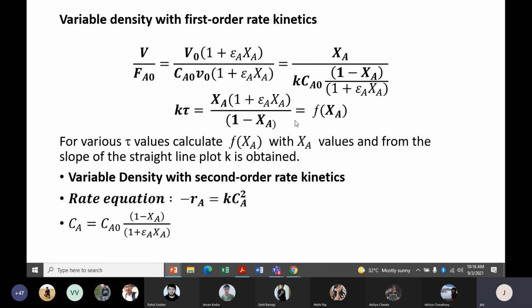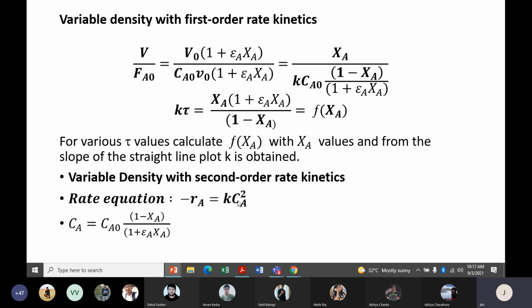If we assume this is another function of conversion, Fxa, and if the data for CSTR is available in terms of tau as a function of conversion, then evaluate this function and plot it against tau, you will get a straight line, and from the straight line you can find the rate constant. So this is the application of mole balance for finding the rate constant for any order reaction.